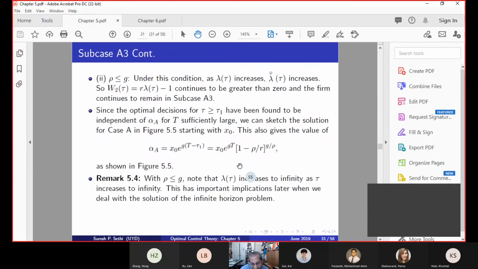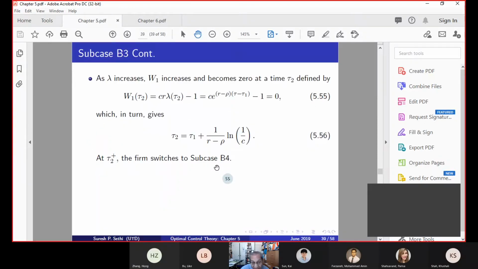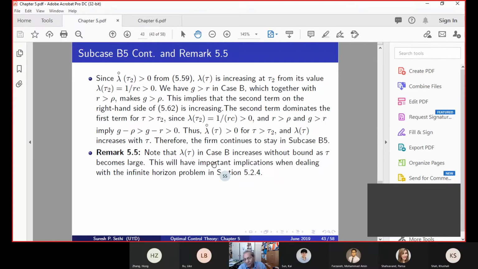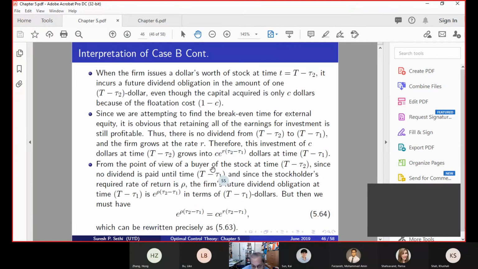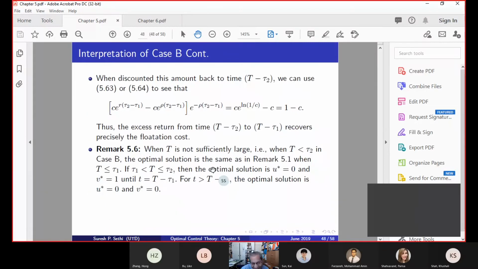So what I'm trying to say is that even though I took a limit of the solution, a finite horizon solution, the limit of the optimal finite horizon solution is the worst solution that you can get. Absolutely not optimal, but worse than any solution you can get.